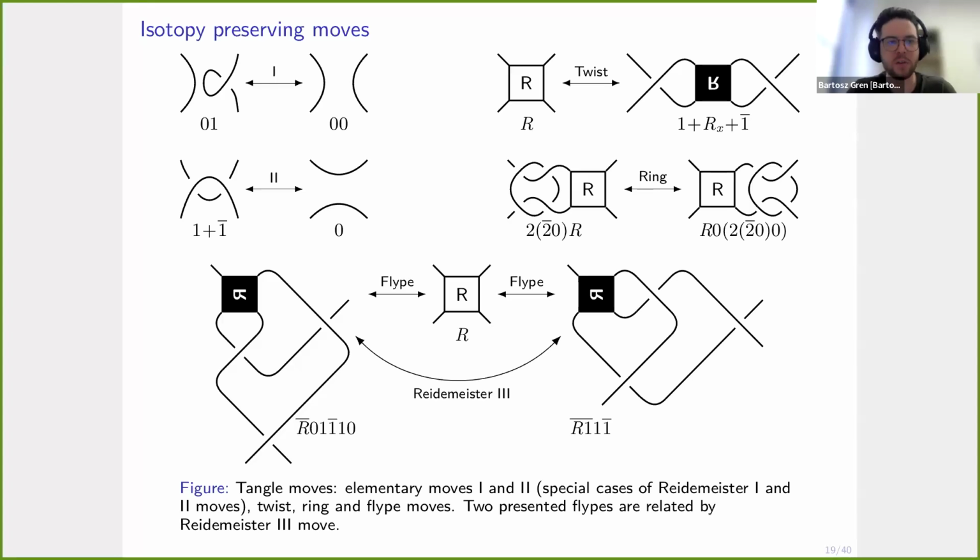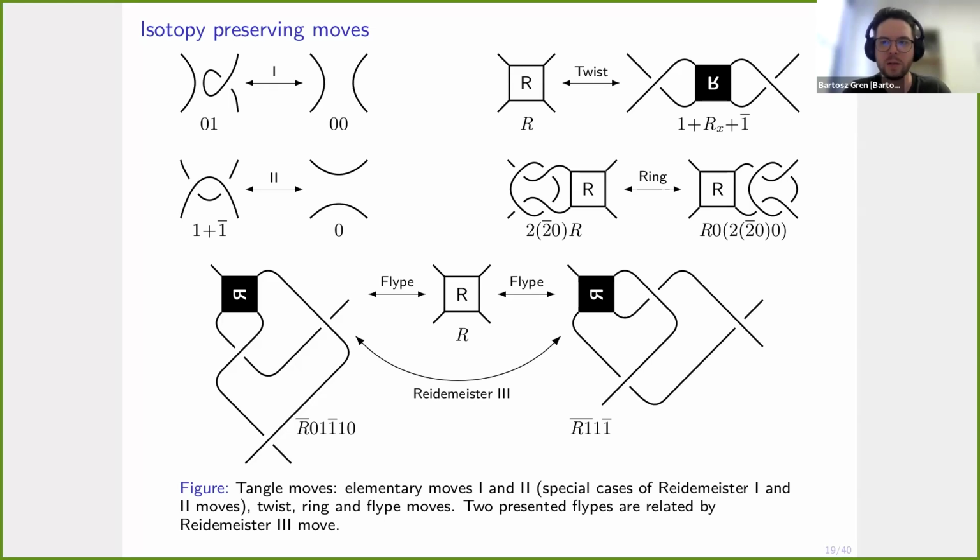So after excluding these complex tangles, we've chosen these 5 moves to be our basis for classification.